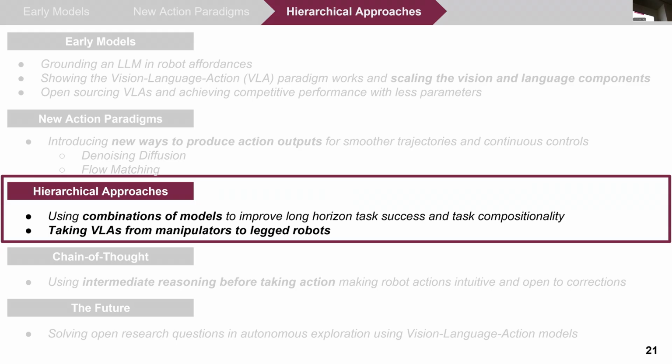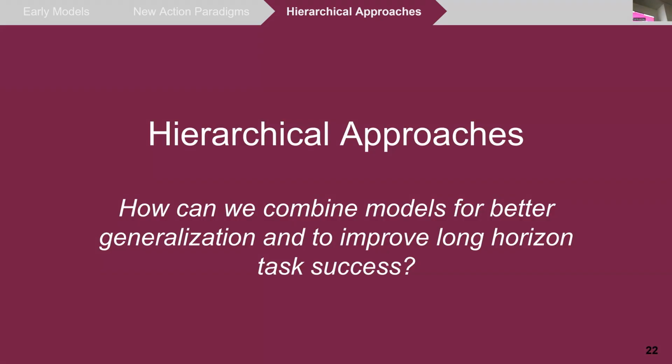We'll also take VLAs from manipulators to legged robots for the folks in here who are interested in seeing how that can work. So what if we could combine different combinations of models, and get better generalization and long horizon task success? And we'll look at a few approaches to that.